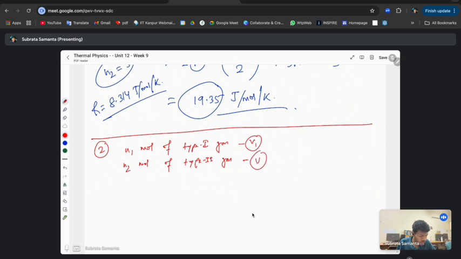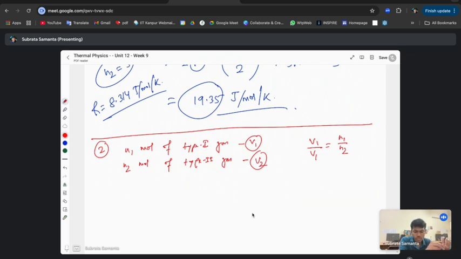You know that V1 over V2 is basically N1 over N2, and they are two globes, or two containers.